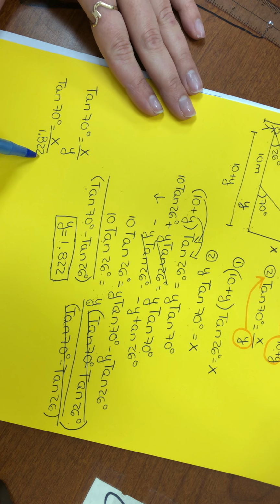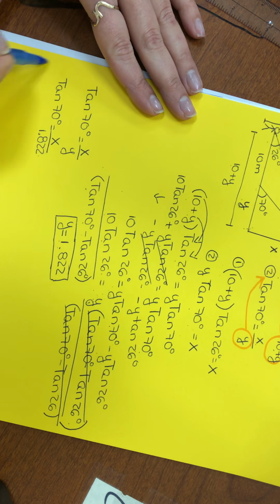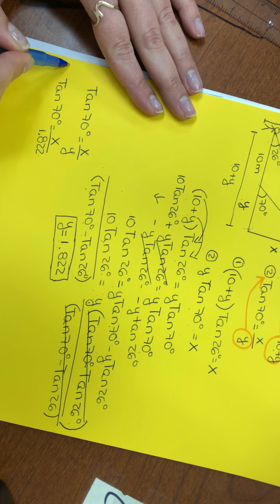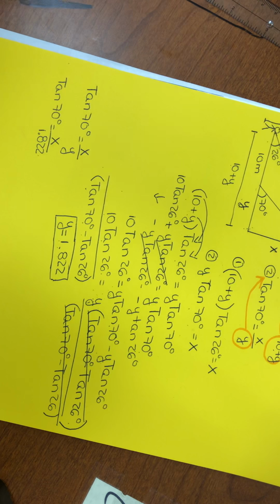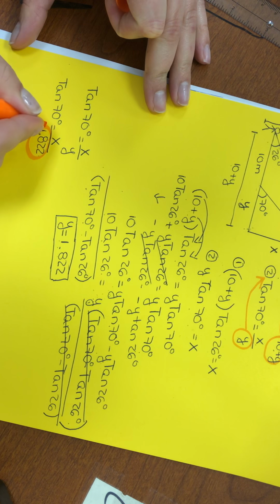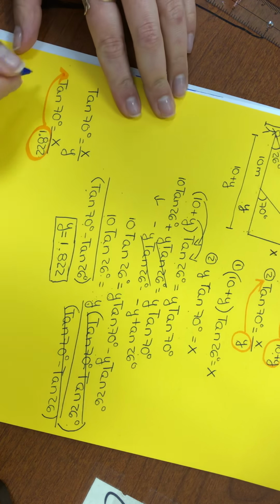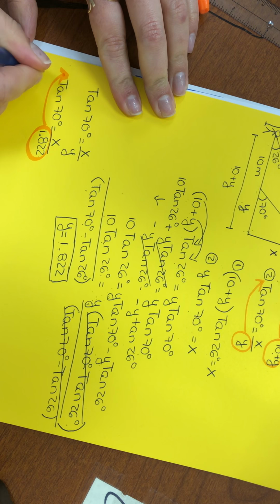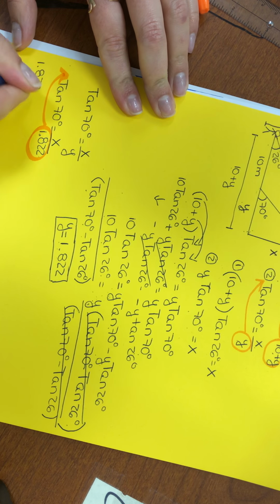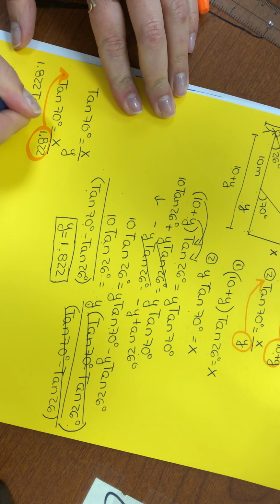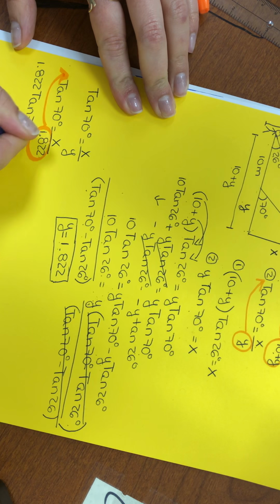This one is dividing x, so we have to bring it to the other side, multiplying. So this one will go to the other side, multiplying. So we'll have 1.822 times tangent of 70. That will be equal to x.